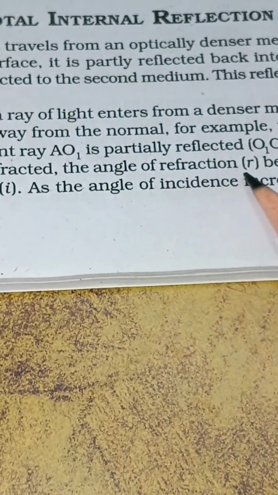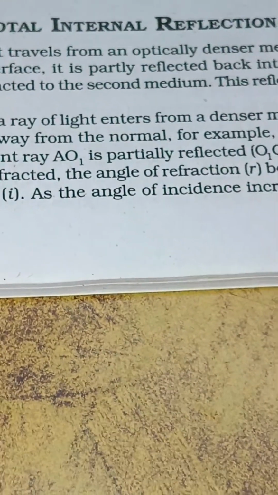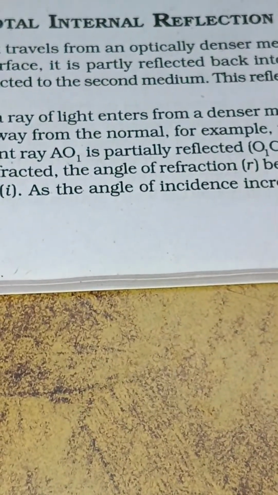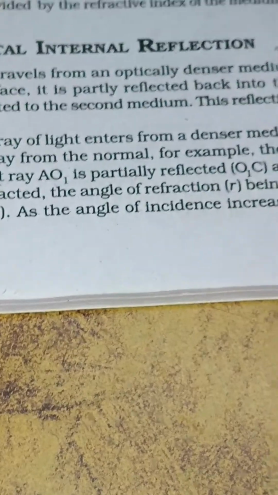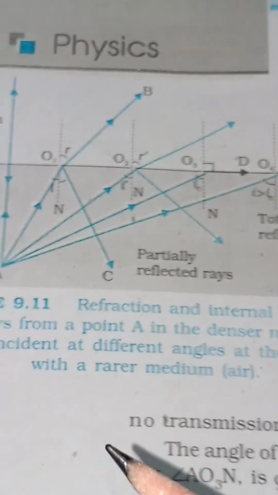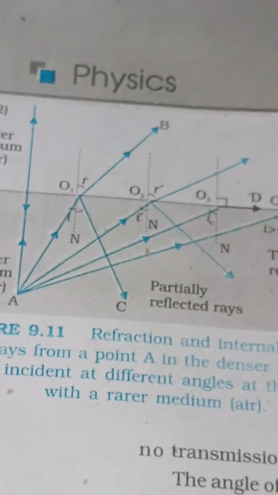The angle of refraction is larger than the angle of incidence i, and as the angle of incidence increases, so does the angle of refraction. This is the figure we are talking about.